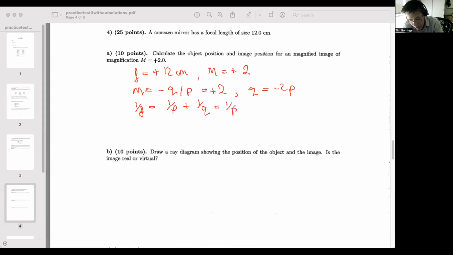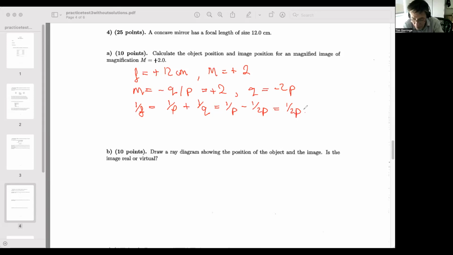So I'm going to replace the 1/q with a -1/2p, as q is -2p. This is actually simply 1/p minus 1/2p, which is actually 1/2p.